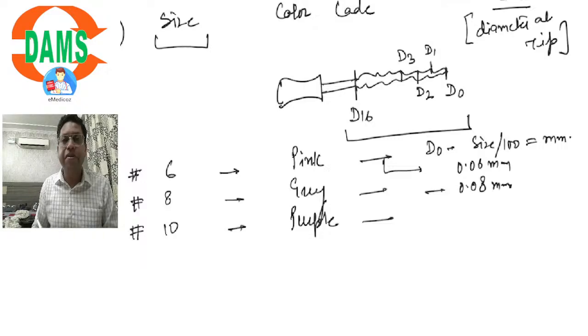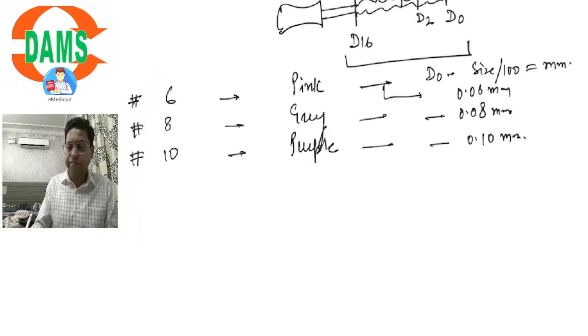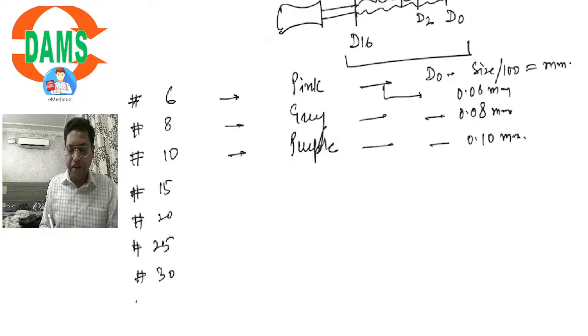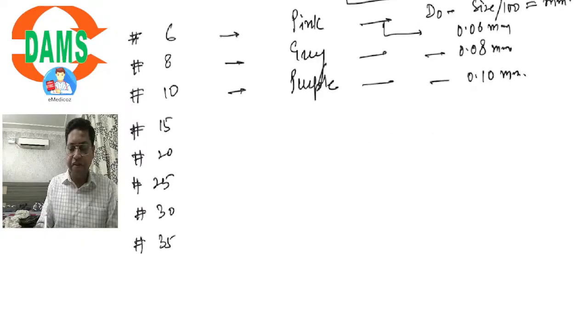0.08 millimeter diameter tip for number 8. 0.10 millimeter diameter tip for number 10 instrument. Then we have instrument sizes number 15, 20, 25, 30, 35, 40.